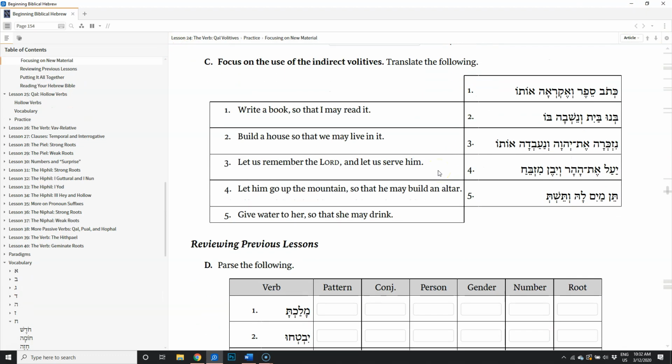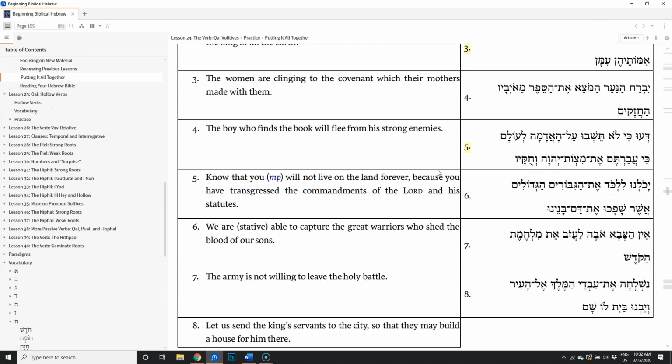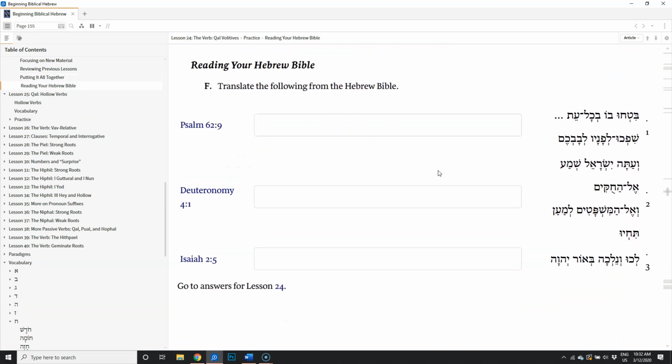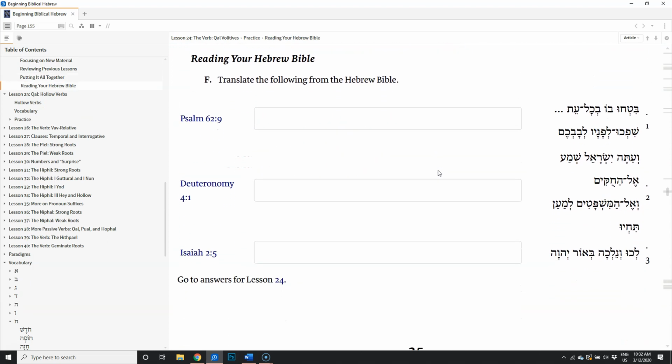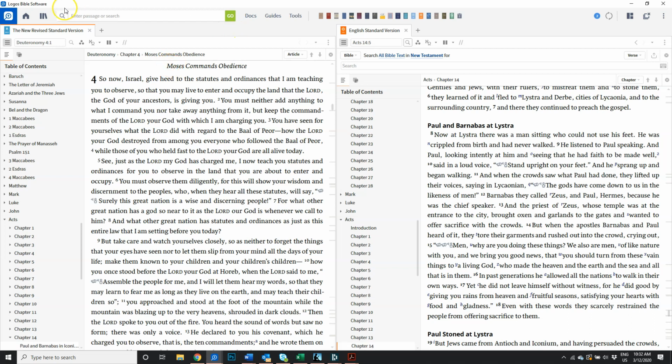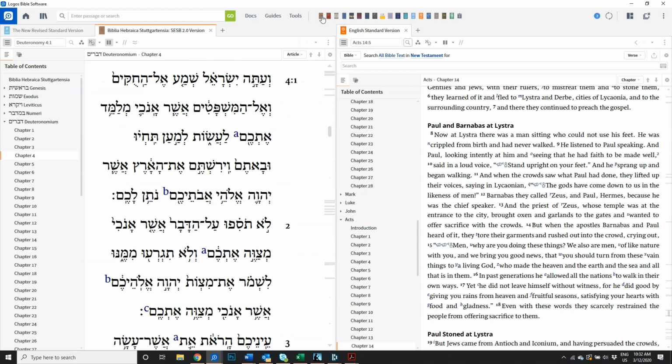And let's see here. Let's just go ahead and take Deuteronomy 4:1, I guess. I'm going to open it up in my BHS because sometimes it gets offline over there. So, okay.